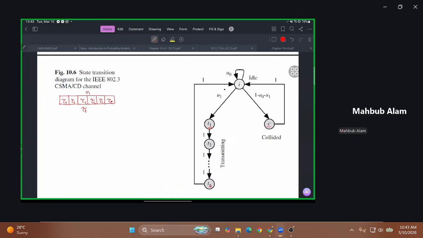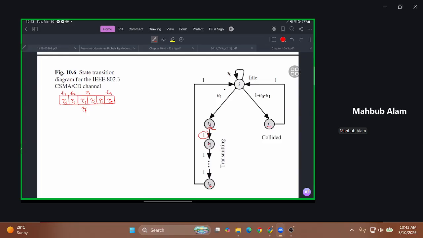That's why the probability from T1, which we can consider this is T1, this is T2, and this one is Tn. So from T1 to T2 will be with probability 1, because as soon as the station passes the first time period tau c, no other station will be able to start any transmission, because before transmission they will sense the medium and find that the channel is busy, so they will not be allowed to start their transmission.